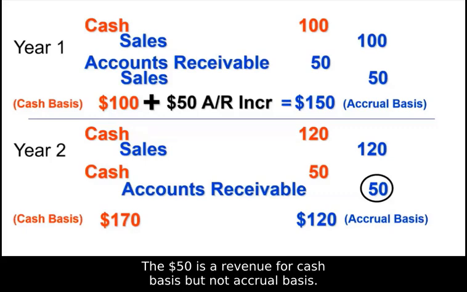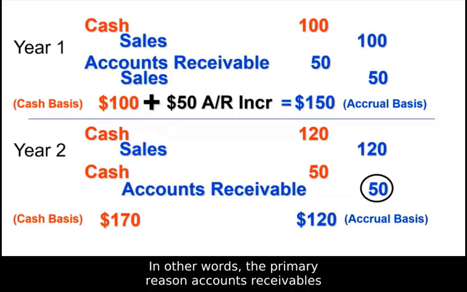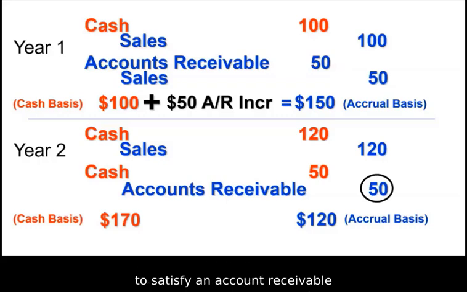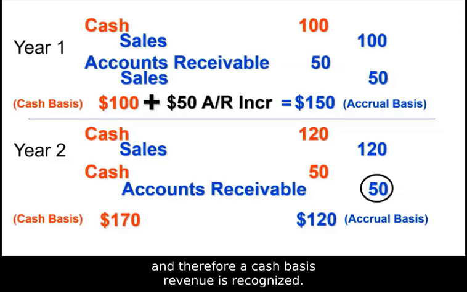The $50 is a revenue for cash basis, but not accrual basis. In other words, the primary reason accounts receivable decreases is the result of cash being received from a customer to satisfy an account receivable, and therefore a cash basis revenue is recognized.